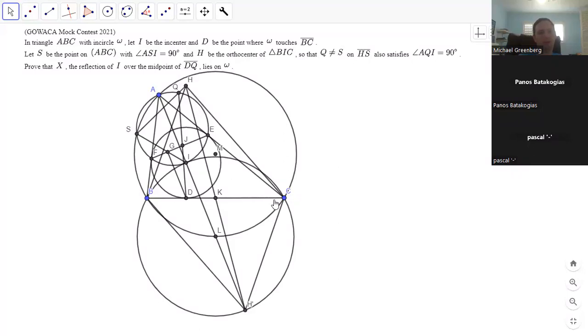So angle HBC would be 90 minus angle ICB. Angle H prime CB is 90 minus ICB because it's the right angle. And the same is true with angle HBC is 90 minus ICB. So basically HBC and H prime BC are congruent by angle-side-angle. Yeah.